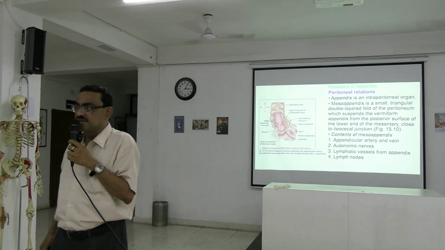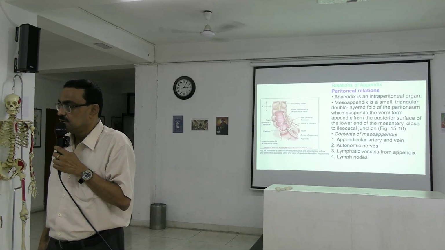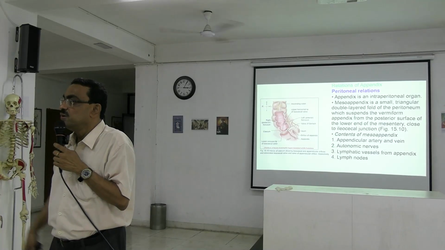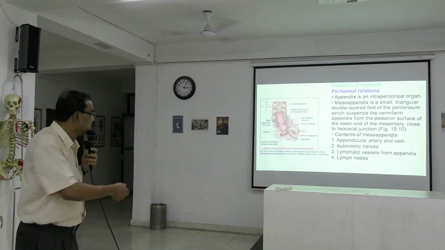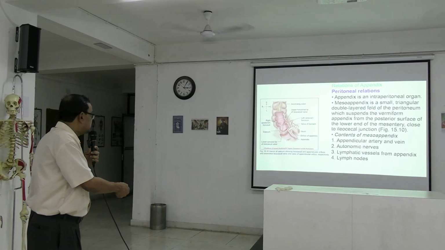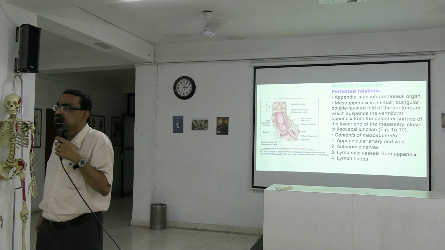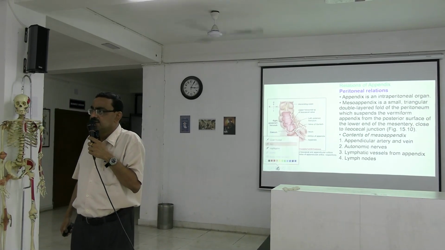This is the position of the opening of the appendix, which is also guarded by one valve. We can find there is another valve here. That valve is called the valve of Gerlach.